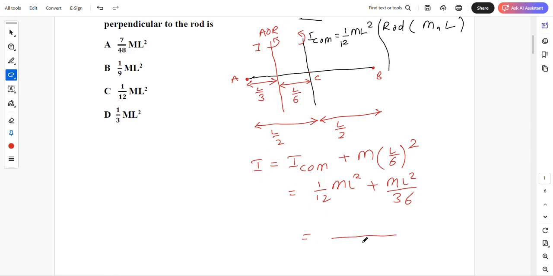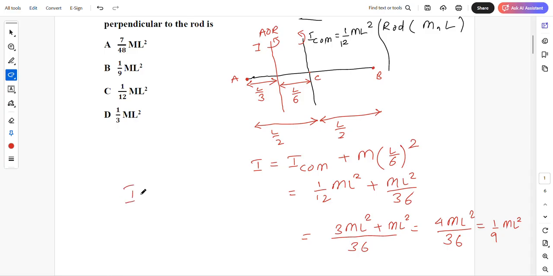So for 36, I can take the LCM. 3 times 3 m L square plus 36 one time, 1 into m L square, that is equal to 4 m L square by 36, that is equal to 1 by 9 m L square, which is the right answer.